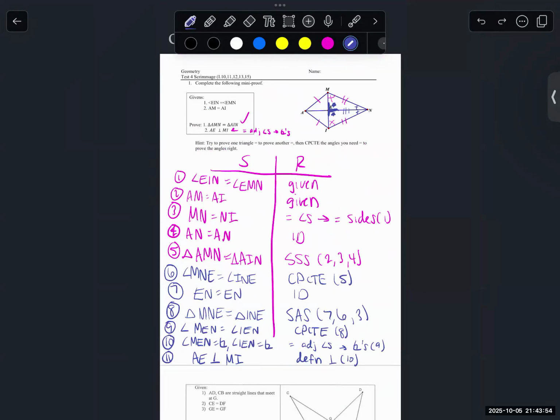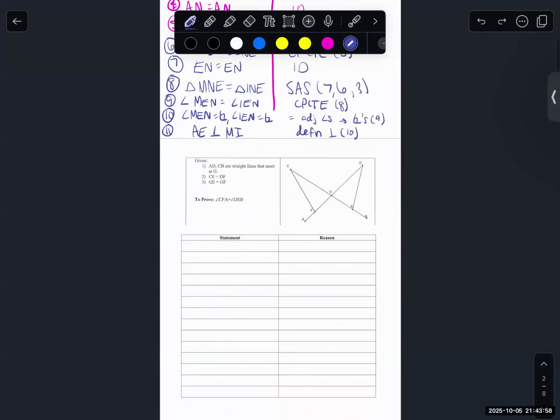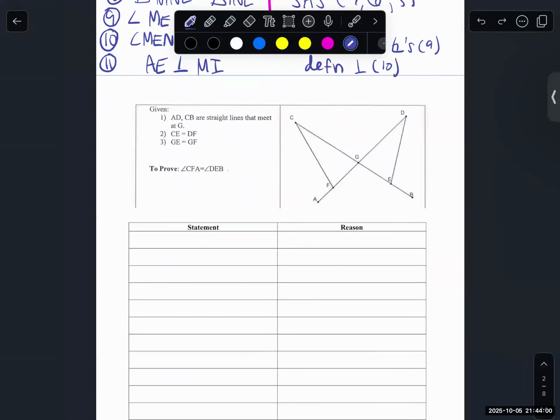Again, a tricky one, but I put it on here because I really wanted you to have one to kind of think about. This guy's a little bit easier, so I want to show that CFA is equal to DEB. And you've actually already seen a proof like this before. So I'm going to say that CE, and I think we did this one in class, is equal to this.